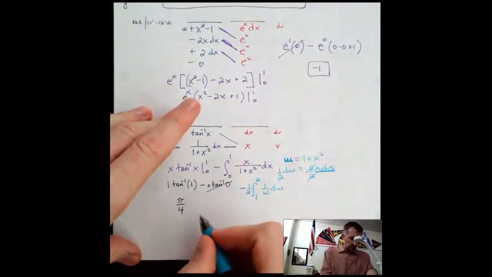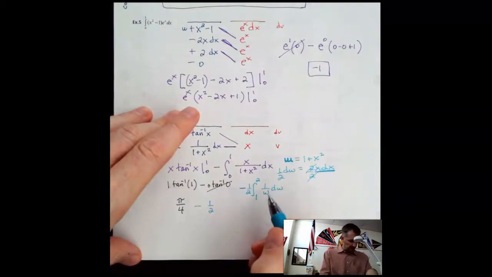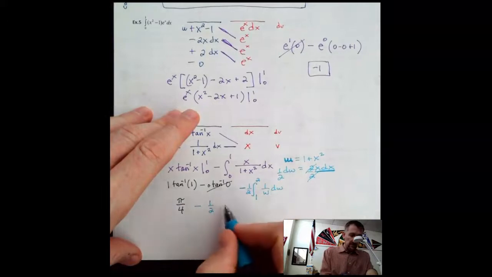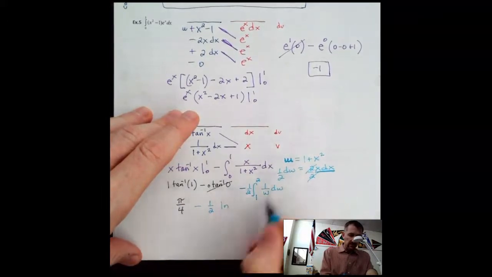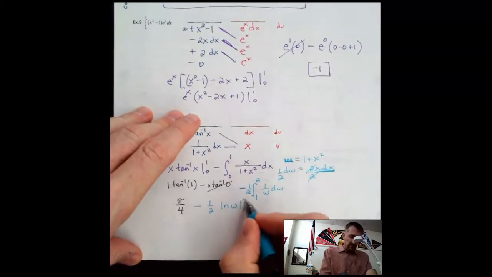So that's minus 1/2. If we integrate that, that's the natural log. The derivative of the natural log is 1 over. So the integral of that is the natural log, and that's from 1 to 2.